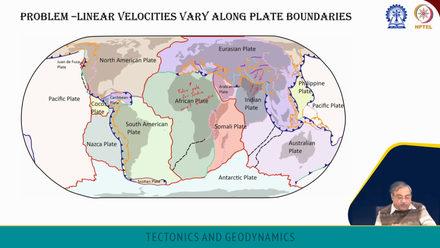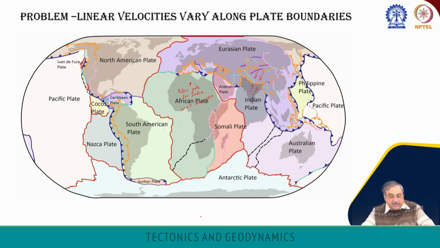So it is important for us to be able to characterize what the linear velocity is at any point along a plate boundary, because that will have a magnitude and also a direction, and that will also give us some handle on what kind of motion would exist along that segment of the plate boundary. So the problem of linear velocities varying along plate boundaries is something that we know of, and this is something that we will try to understand as we go on.